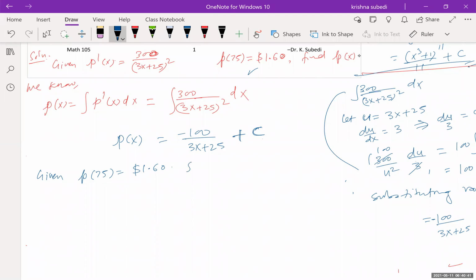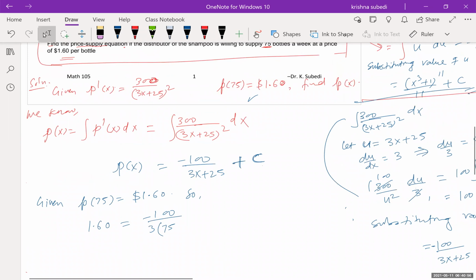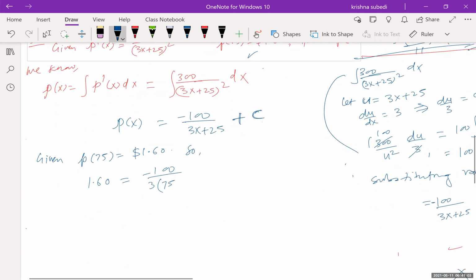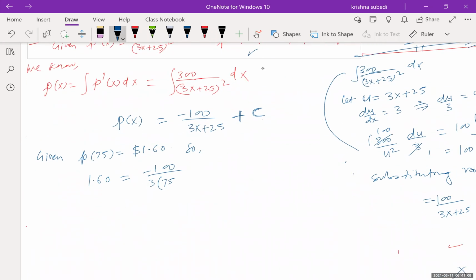So what you can do is 1.60 equals negative 100 divided by 3 times 75 plus 25 plus c, and then solve it for c and let me know what is the value.